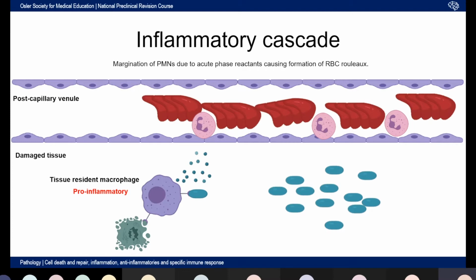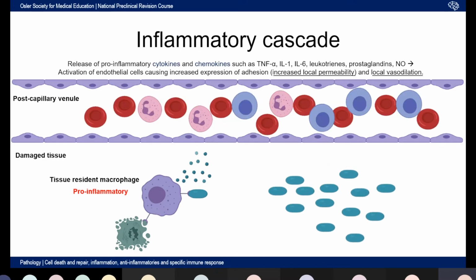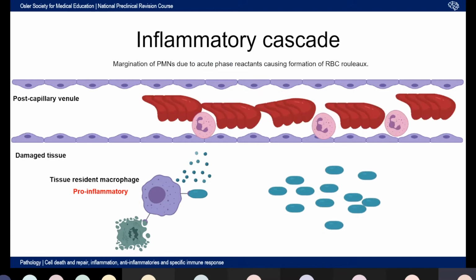If I go back, all of these red blood cells initially weren't coagulated, they weren't coming together. But because of these acute phase reactants, they start coalescing together to form a rouleau, and that pushes all of these white blood cells towards the sides of the venule.